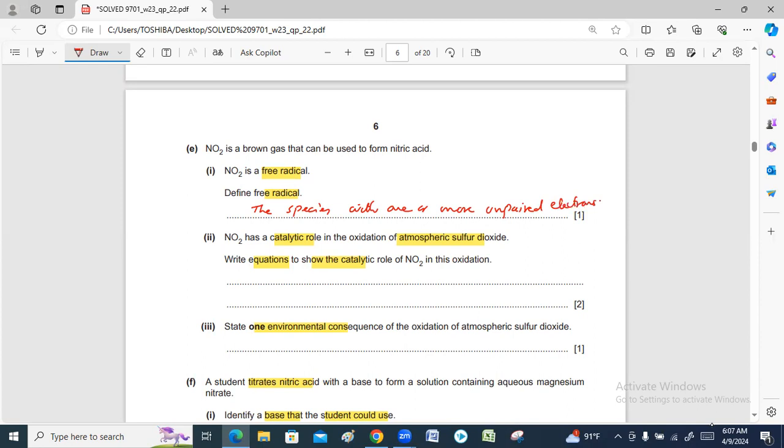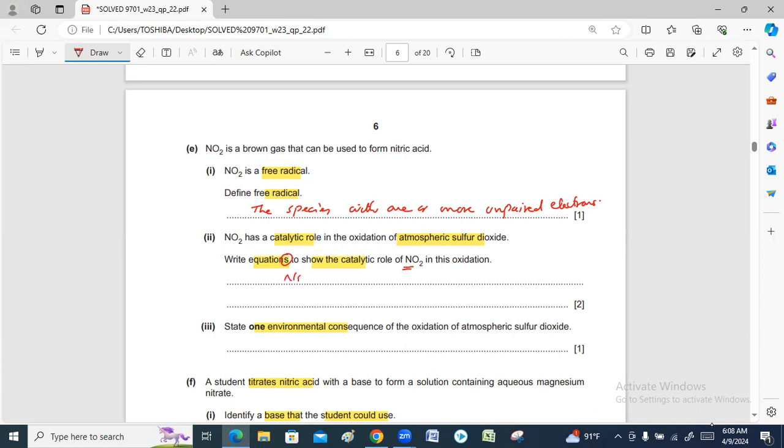So NO2 has a catalytic role in the oxidation of atmospheric sulfur dioxide. Write equations. You have to write down the two equations to show the catalytic role of NO2. Catalytic role means catalyst. You have to show the two reactions. The first reaction in which the NO2 is used up.